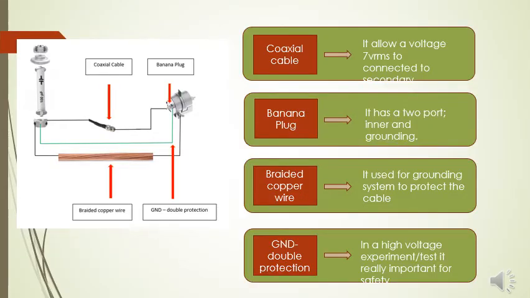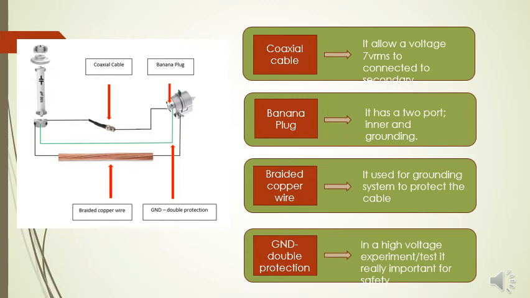So this is the connection diagram for the measuring capacitor and the secondary capacitor device. Basically, there are two capacitors, one high voltage and one lower voltage. For the high voltage, it uses a 100 picofarad measuring capacitor that can take 100 kilovolt as input voltage, and then it regulates to 7 VRMS for the secondary capacitor device.